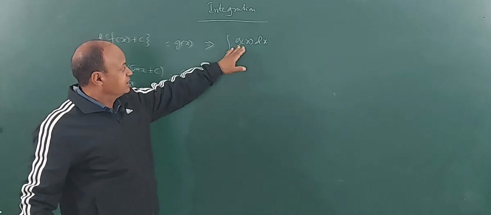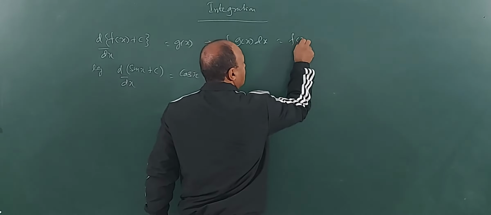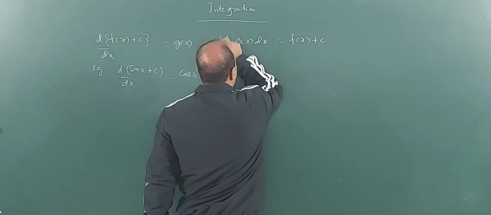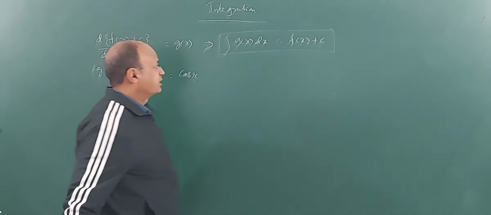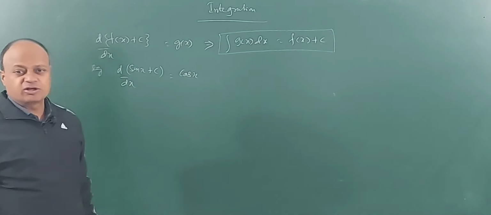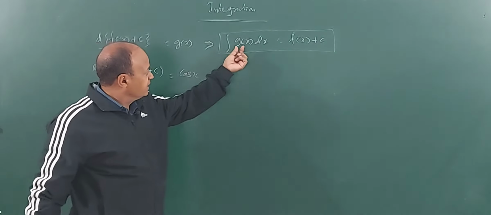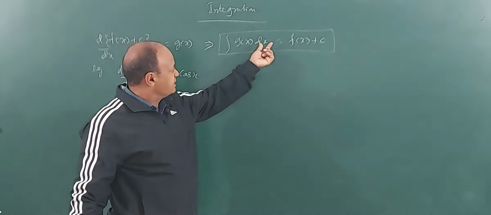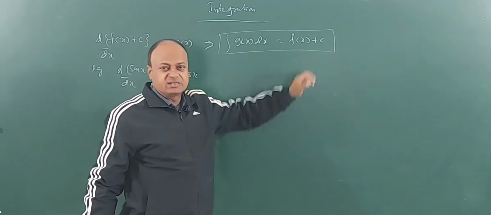Integration of g(x) with respect to x will be f(x) plus c. So, this becomes integration, and that curved snake-like symbol which you are seeing is called the sign of integration. So, we will be reading integral of g(x) with respect to x is f(x) plus c.